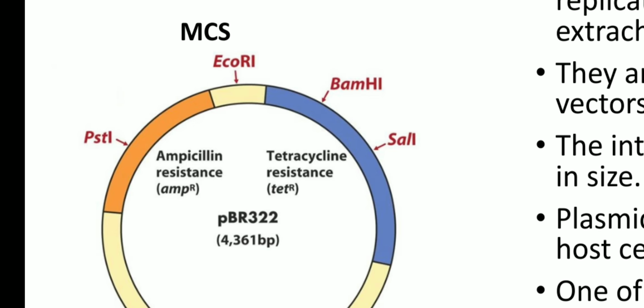Those bacteria with the ampicillin resistance gene have the capability to resist the ampicillin antibiotic, and only those bacteria can survive. Similarly, only the tetracycline resistant bacteria carry the plasmid.